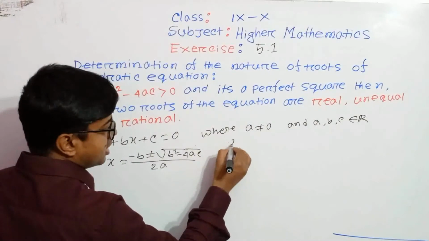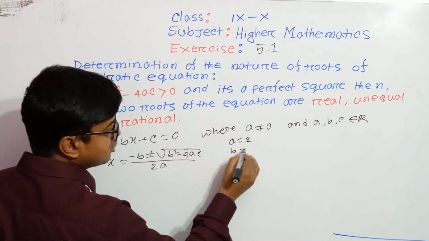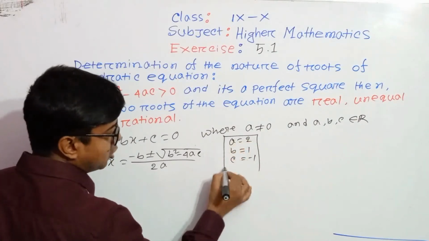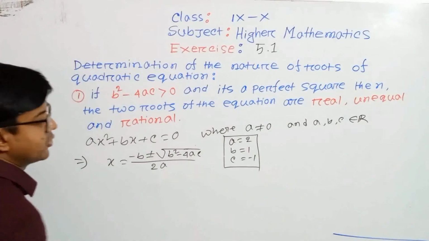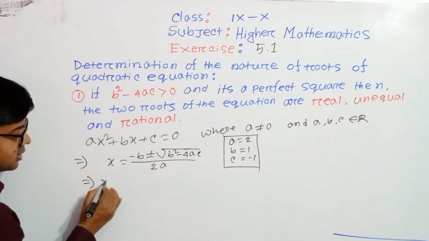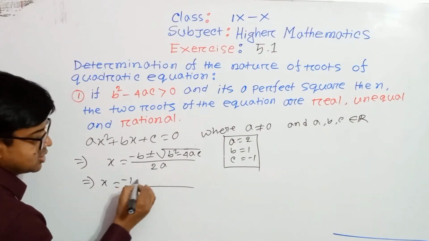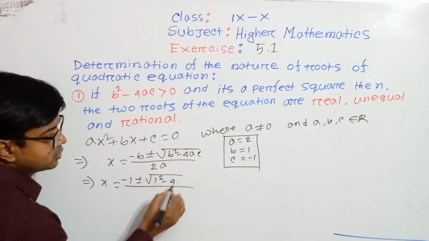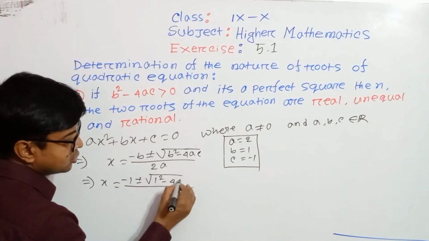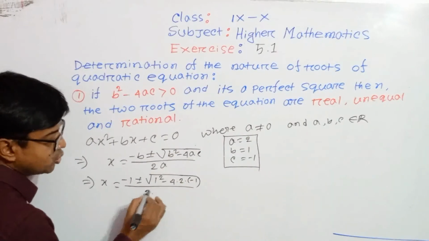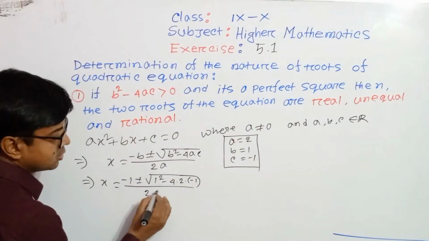Suppose a equals 2, b equals 1 and c equals minus 1. These are all real numbers. Now putting these values in this equation, x equals minus 1 plus minus root over 1 squared minus 4 into 2 into minus 1, by 2 into 2.